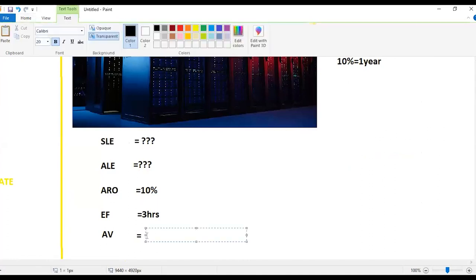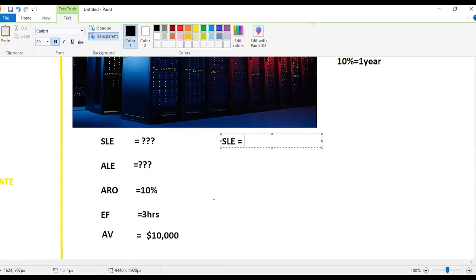So to find SLE, can anyone tell me what the equation is for finding single loss expectancy?